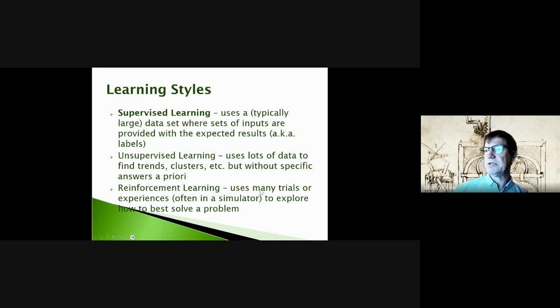Reinforcement learning uses many trials or experiences. These may be collected in real life, but oftentimes in a simulator. We use those to explore how best to solve a problem. AlphaGo is a famous example of reinforcement learning. These days, there are a lot of video game solutions in reinforcement learning.